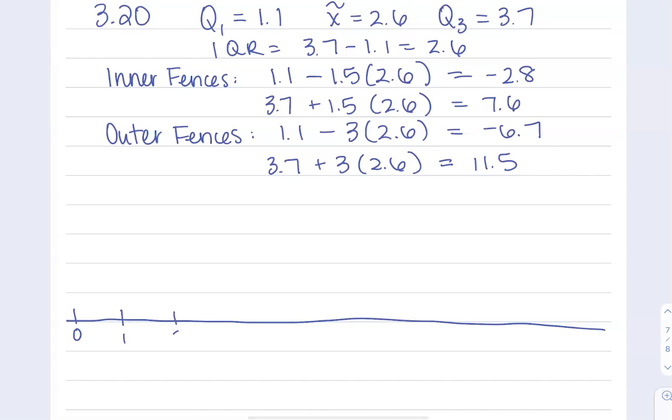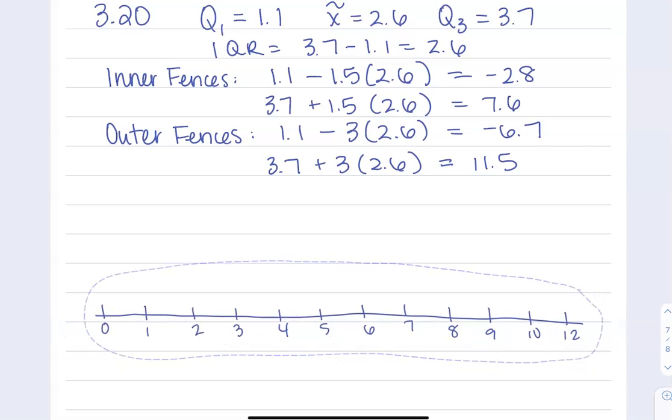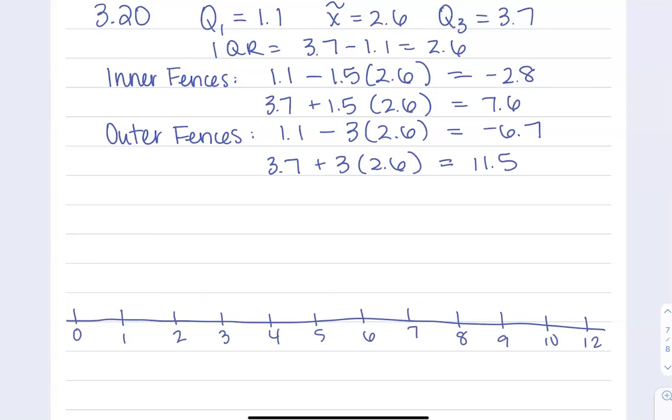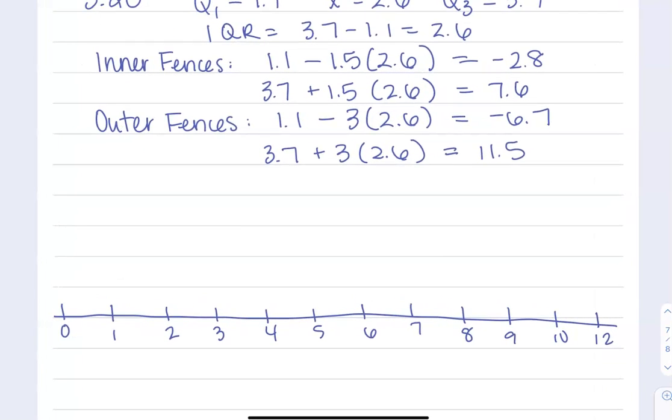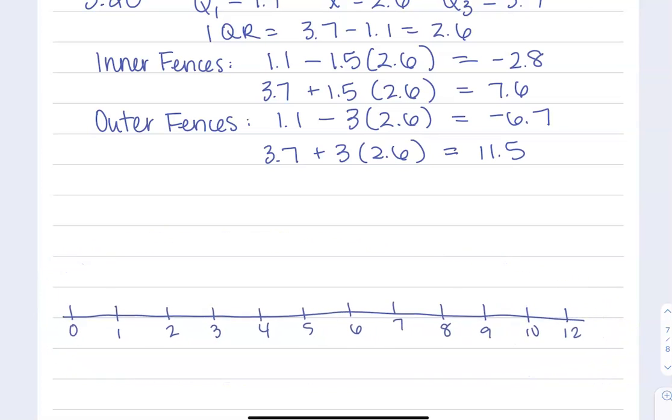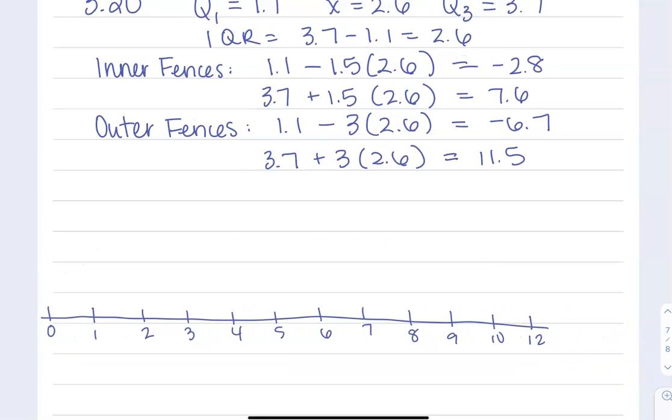Let's count by 1, 2, 3, 4, 5, 6, 7, 8, 9, 10, 11. Oh, I have to make this just a little bit smaller because I do need to go to 12, because my max value is 11.9.